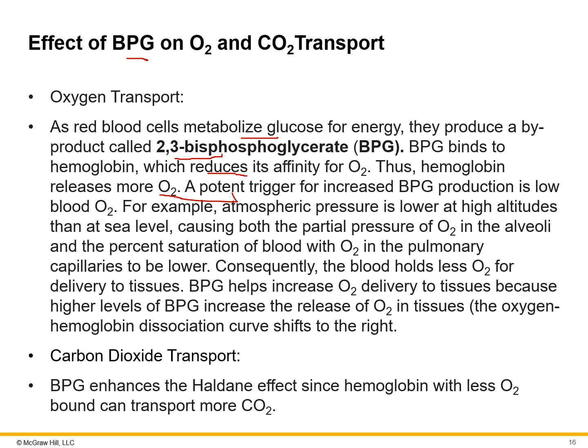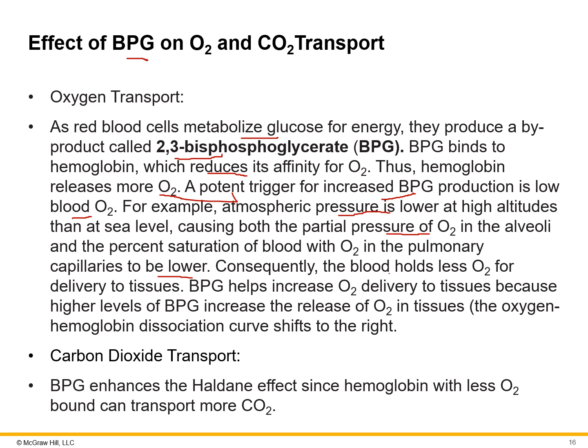The potent trigger for that increase is whenever we have low amounts of oxygen in the blood. Atmospheric pressure is lower at higher altitudes, for example. That causes the partial pressure of oxygen in the alveoli to change, so at the pulmonary capillaries it goes down.